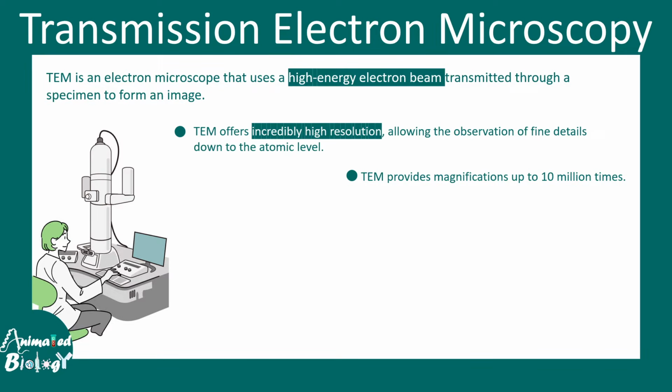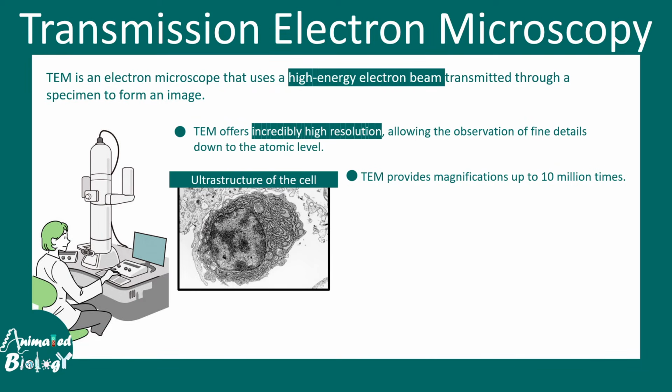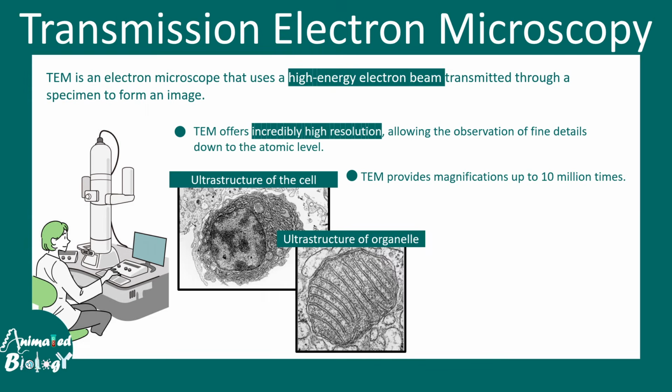That is why finer details inside the cell, like the ultrastructure of organelles, can be determined using transmission electron microscopy. Literally, cell biology is blooming due to this technique itself. If this technique was not there in history, cell biology wouldn't have advanced to this level.